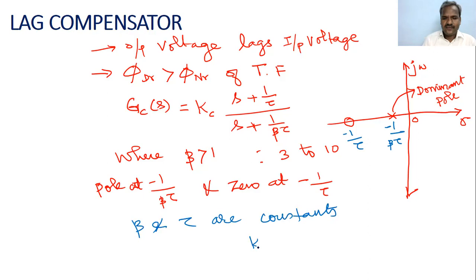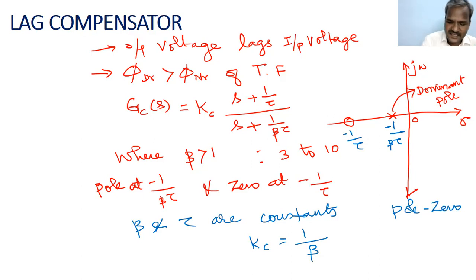We can also have the constant Kc equal to 1 by beta. So this is the pole zero representation of the lag compensator.